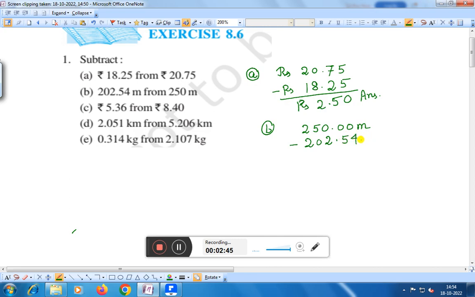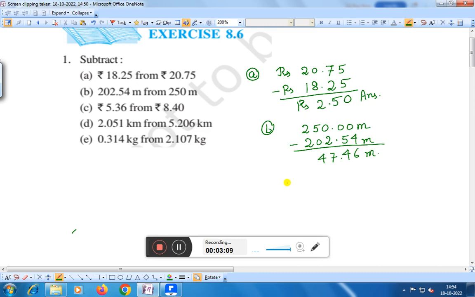Now we subtract it: 4 and 6 carry 1, 5 and 6, 4 carry 1, 2 plus 1 is 3, 7 carry 1, 4. So 47.46 meter. This is question number B.